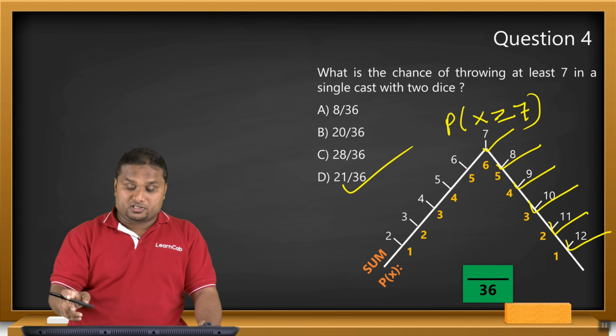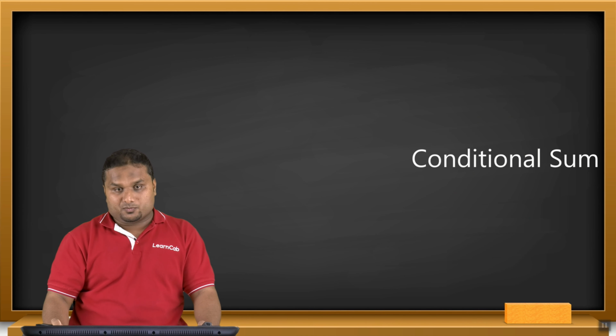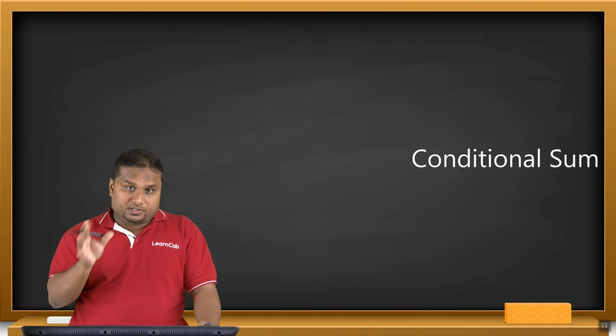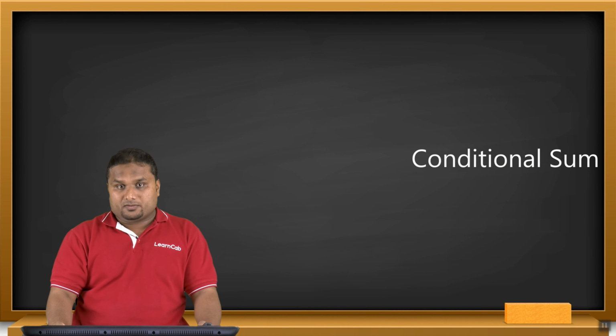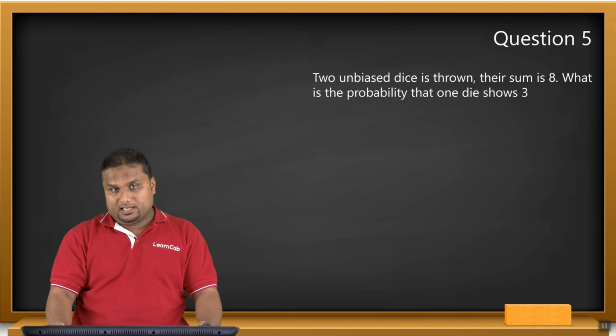Actually, a question which is taking a lot of time can be cracked with the help of some simple techniques. Now let's move into the questions on conditional sum. Questions on conditional sum are one kind of question from conditional probability. I am discussing a question particularly related to dice.